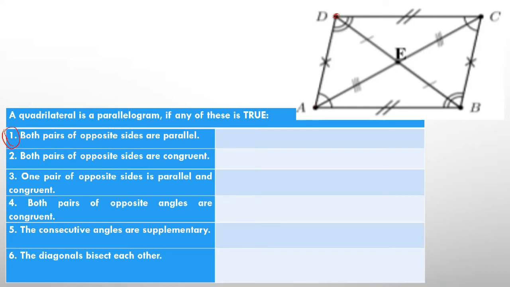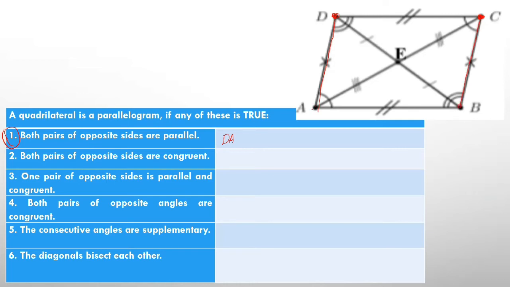So, kung nag-start tayo sa taas, then, yung opposite side niya dapat mag-start din sa taas. For example, DA, and the opposite side niya is etong CB. Since nagsimula tayo sa upper, dapat sa taas din tayo. So, we have CB. So, this line DA and CB, are they parallel?